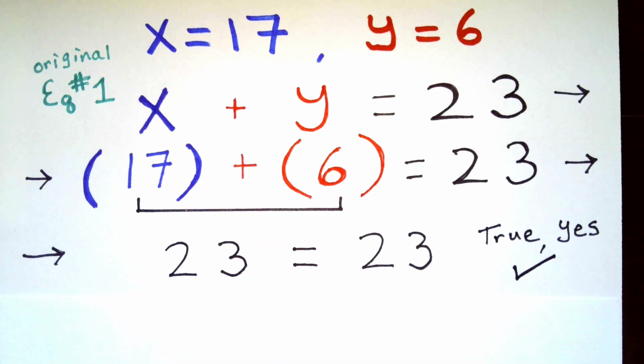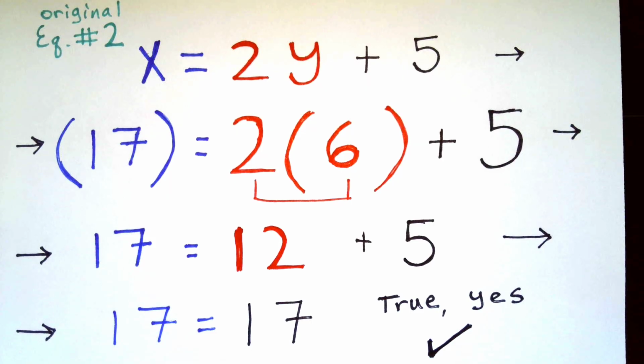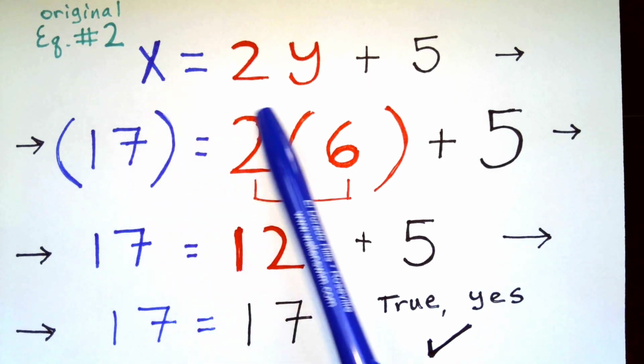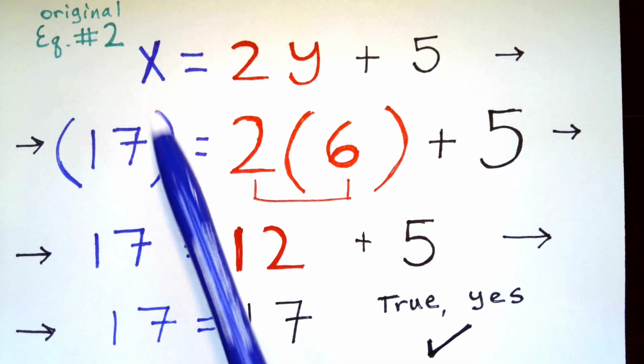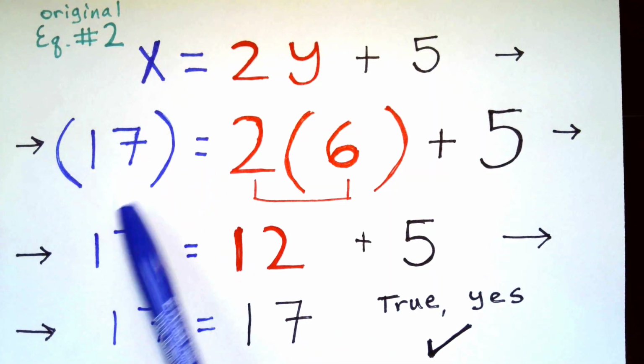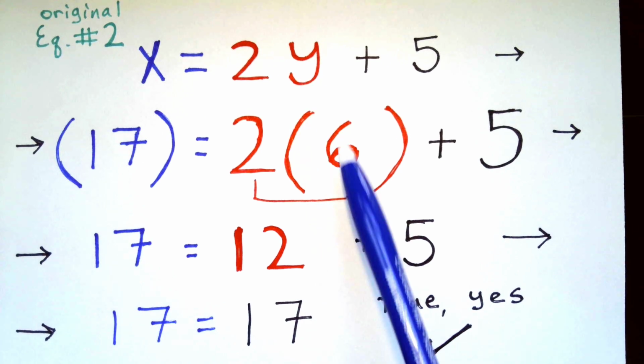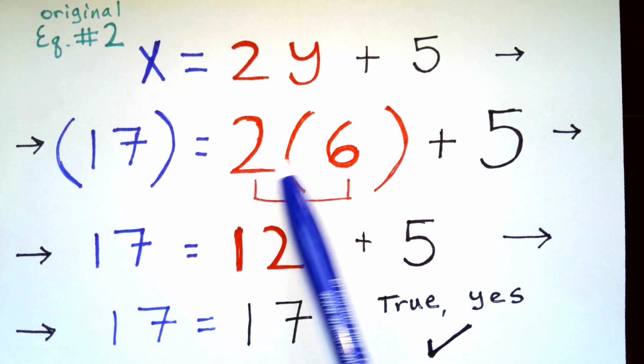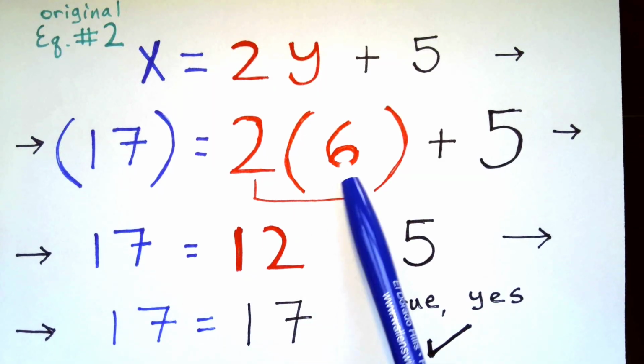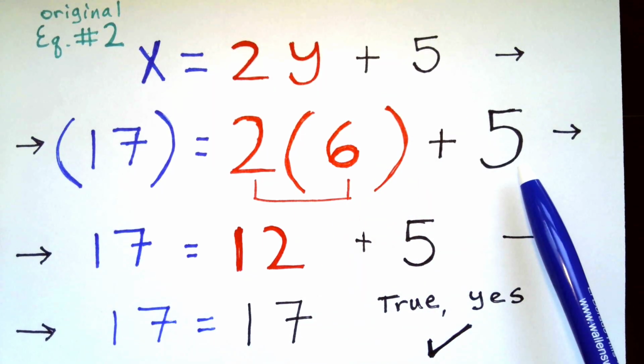X has got to be 17 and Y has got to be 6. Let's check it out in equation number 2. Right here, so here's equation number 2. We got X equals 2 times Y plus 5. If X is 17, I can substitute 17. I bring down my equal sign, I bring down my 2. If Y is 6, I can substitute a 6 for Y. So that's 2 times Y, that's 2 times 6, plus 5.